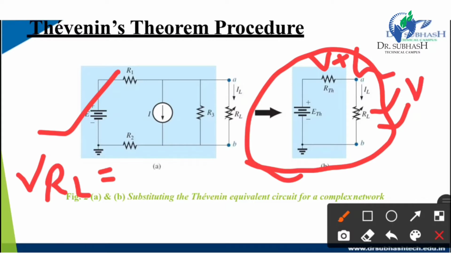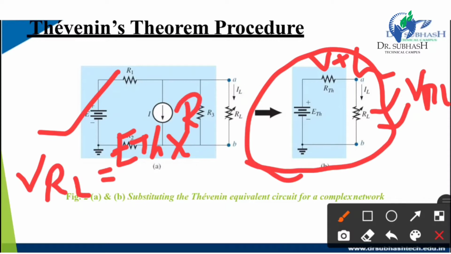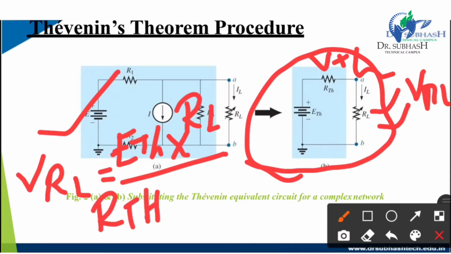So if we want to find VRL, the equation is the total voltage ETH multiplied by the resistor where we have to find the voltage. So ETH multiplied by RL divided by the total resistance, RTH plus RL. So this is called the voltage divider rule.